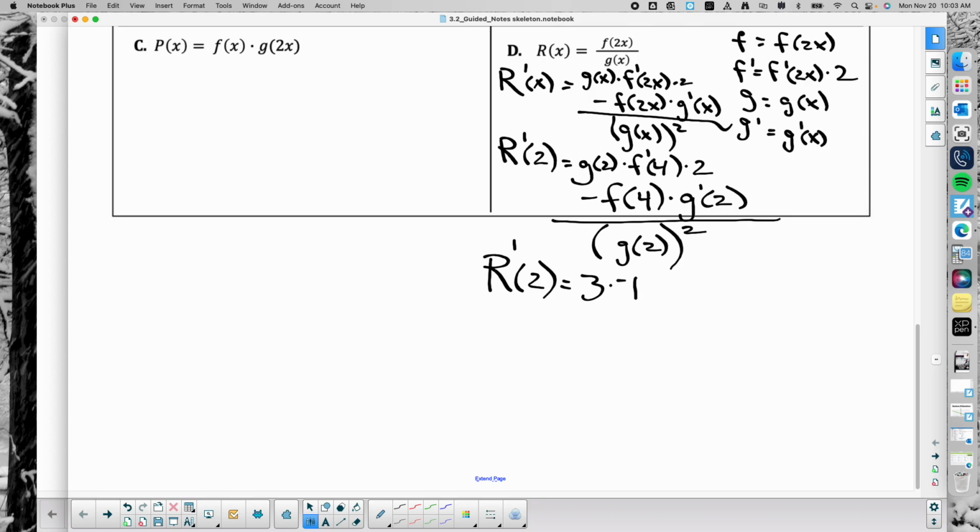Okay, negative 1 times 2 minus f of 4. 0. Oh, that makes it easy. Okay, I don't even need g prime of 2. G of 2. Oh, yeah, I already have that one. Negative 6 over 9.